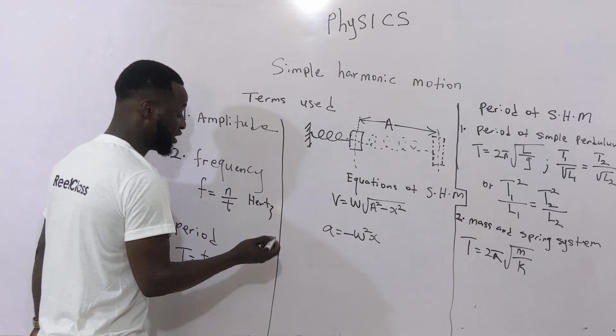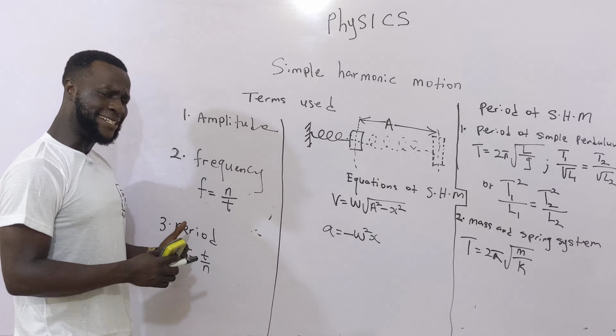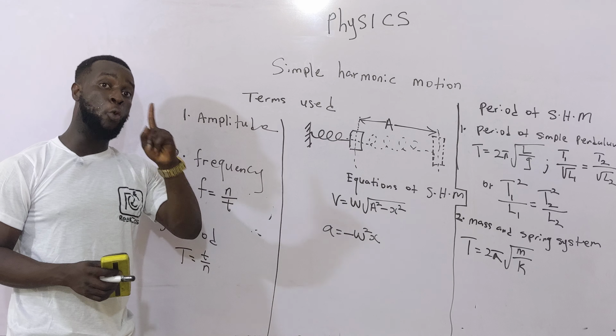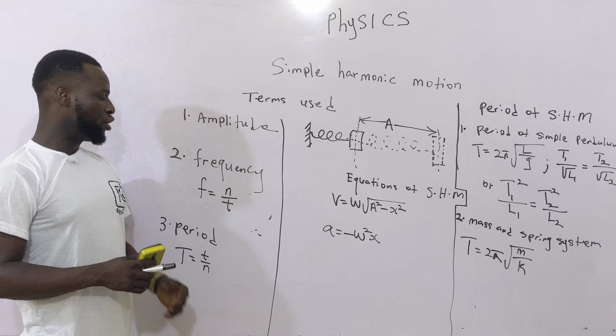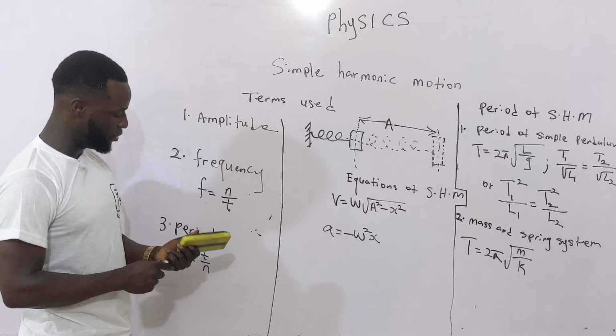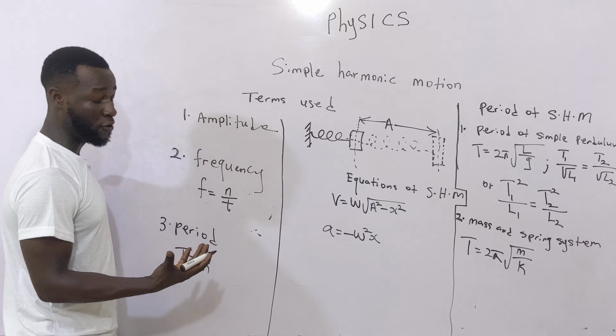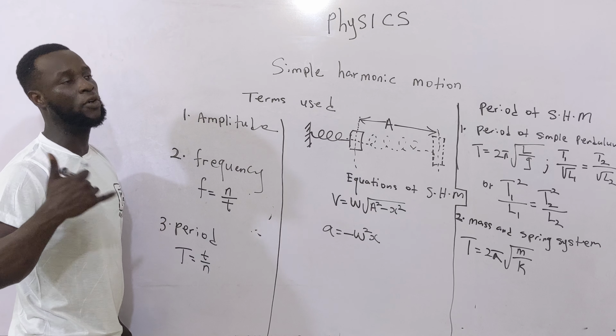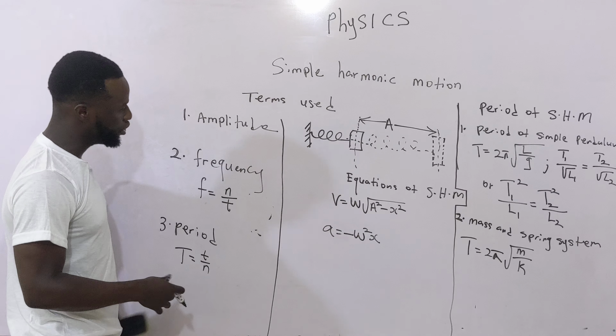Now, the next thing I'll talk about is period. Period is the time it will take to make one complete oscillation. So period is time per oscillation, and the unit for period is seconds, because it's the time taken to make one complete oscillation.